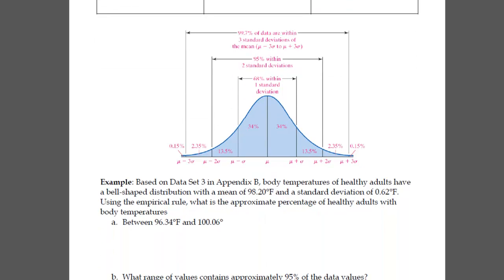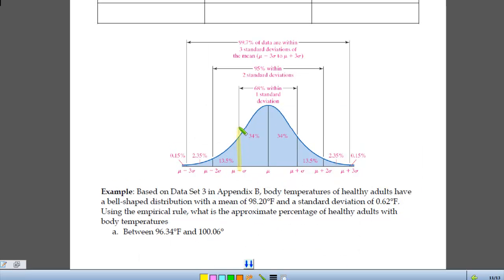If we folded this right in half along the mean, notice here's my interval from here to here, within 1 standard deviation. I went 1 standard deviation down, 1 standard deviation above. We said within that area we have 68%.